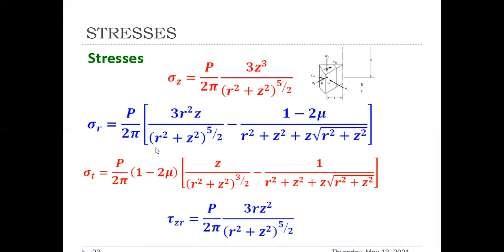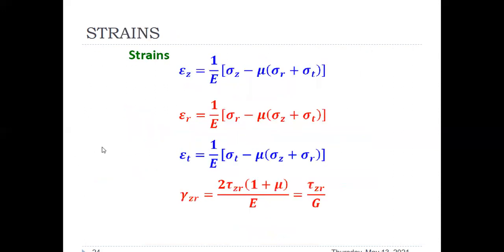Tangential stress, you can use this equation, and here mu represents what? Mu represents the Poisson ratio, that is the ratio between strain in y direction to the strain in x direction. You can also calculate the tangential stress.